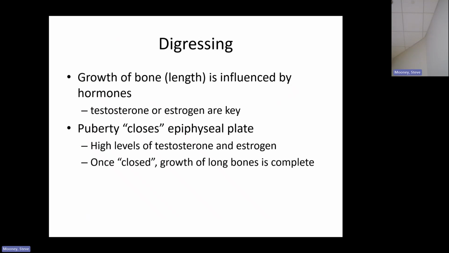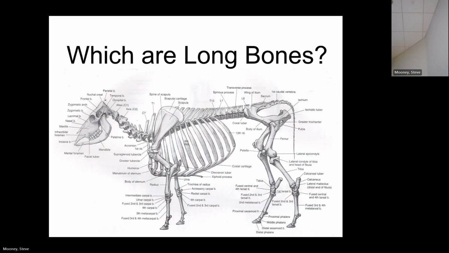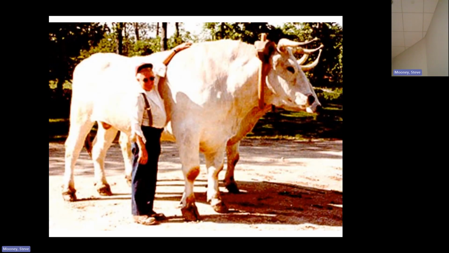That plate will ossify, and once it's closed, the long bone growth is complete. So what does that mean for those animals that don't have their gonads intact? These long bones will continue to grow, and then you get something that looks like this.